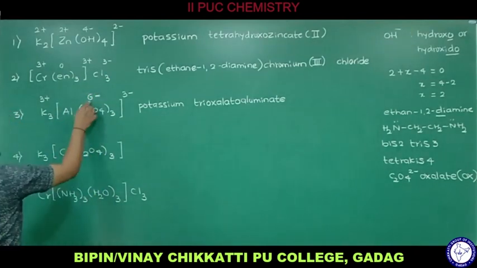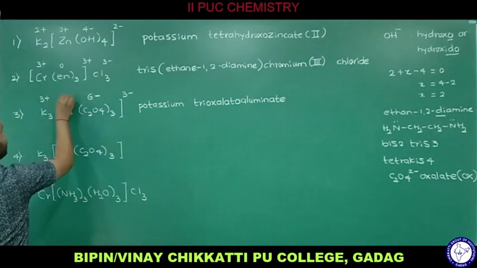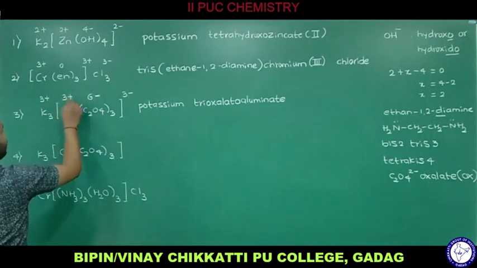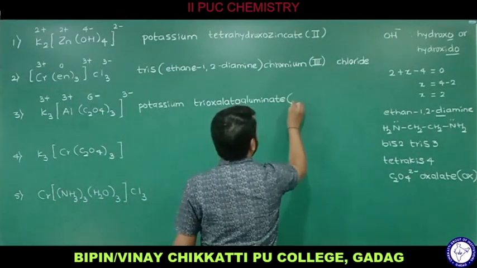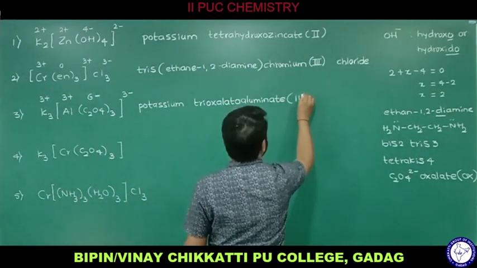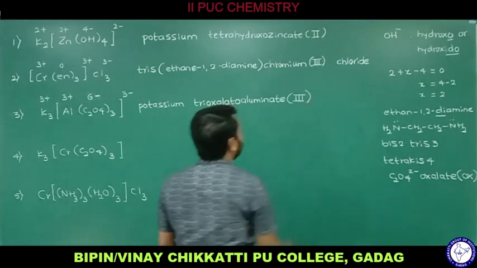The 6 minus is the charge of oxalato, and this should be 3 plus, so that 3 minus 6 gives 3 minus. Therefore the oxidation state of aluminium is 3.